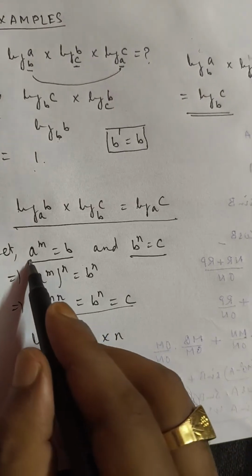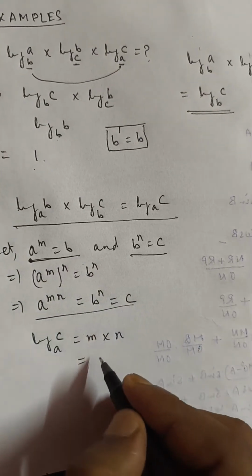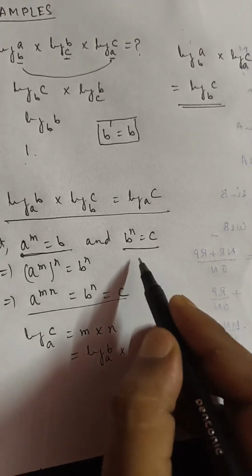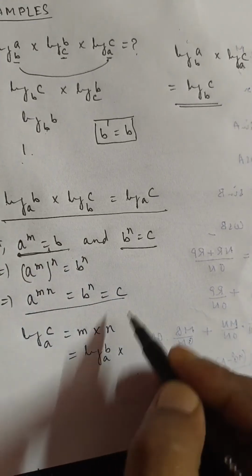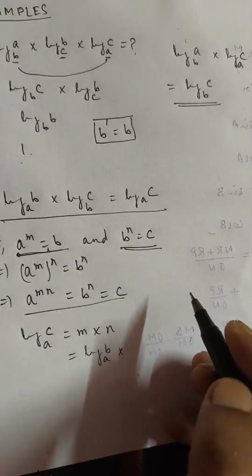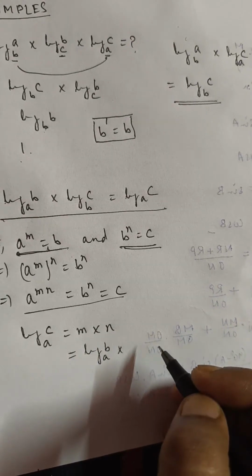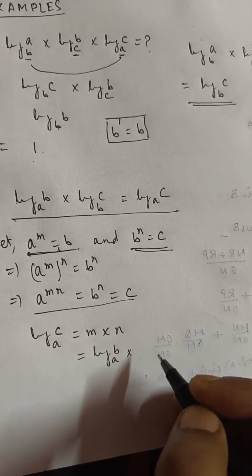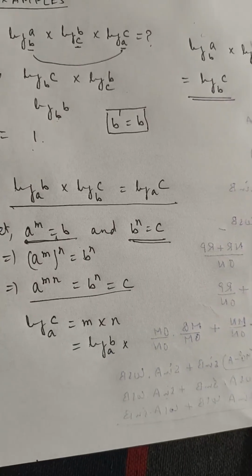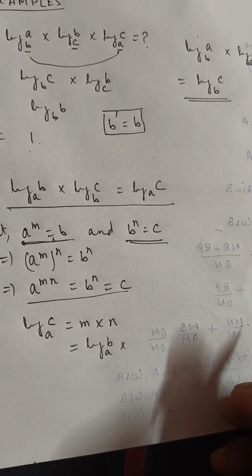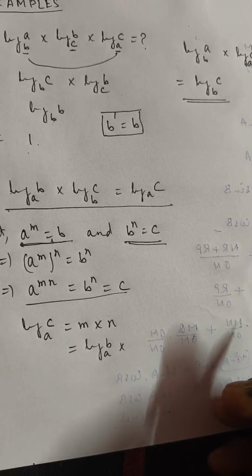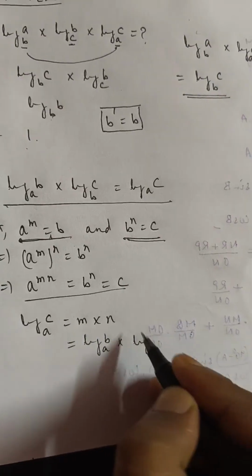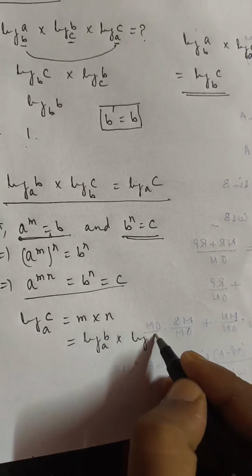So by the definition of log, we will get log of b base a. From this we will get this, and from this we will get log of c base b.